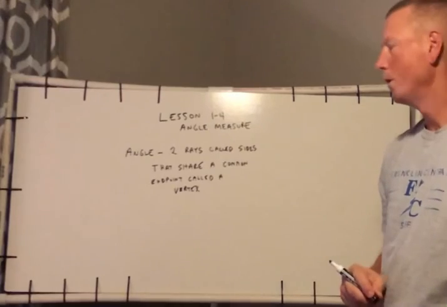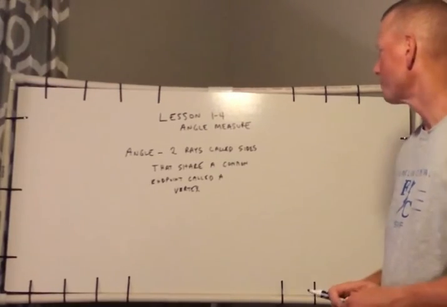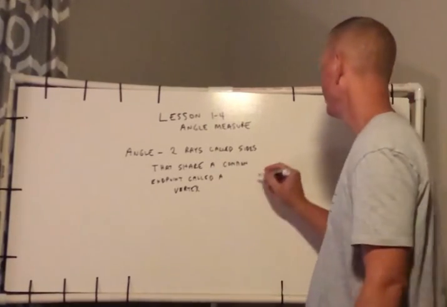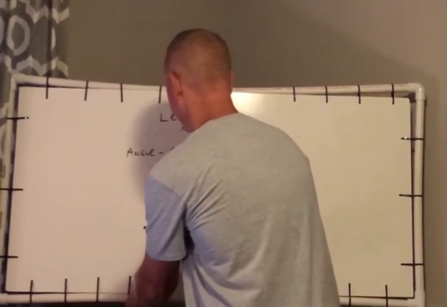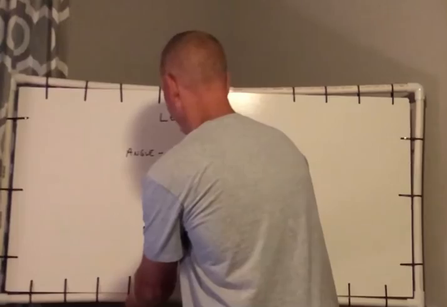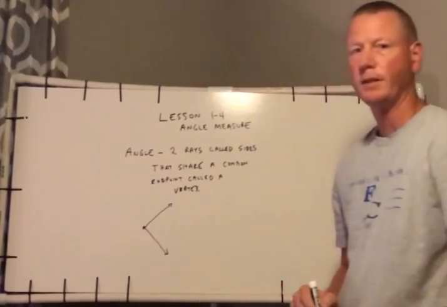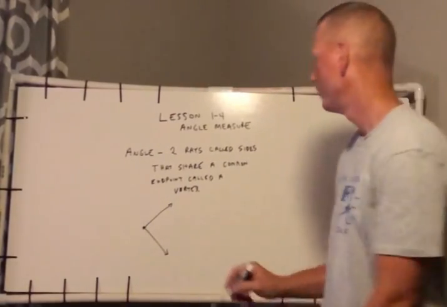Okay, so if we've got a picture of that, we've got an endpoint. And notice we've got two rays there forming the angle.